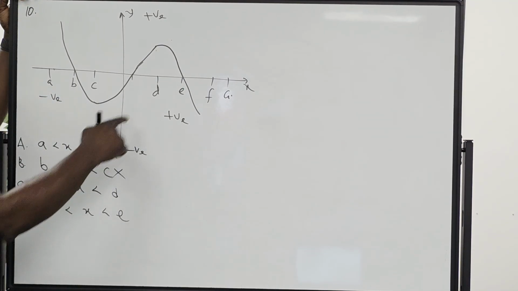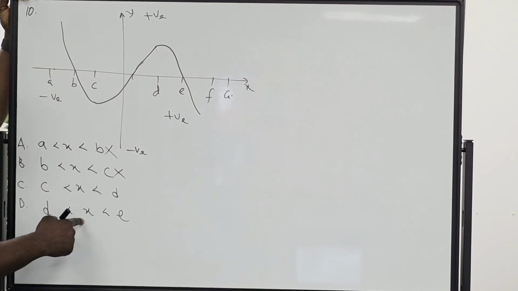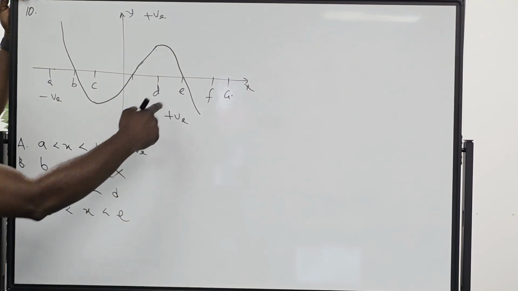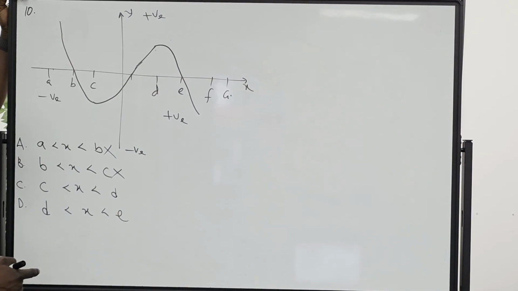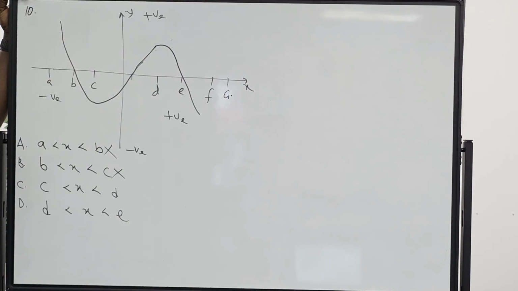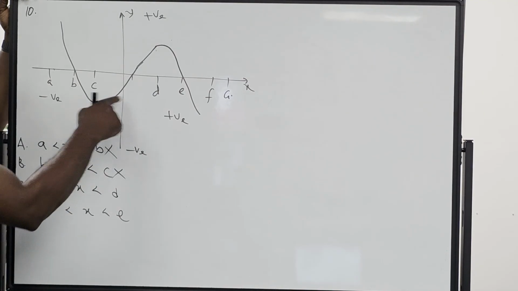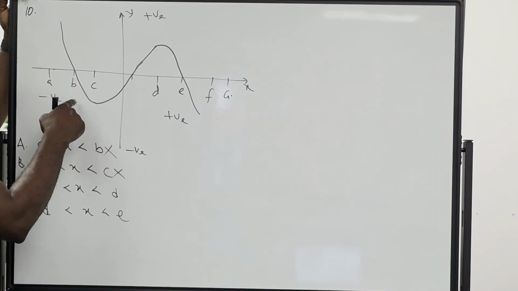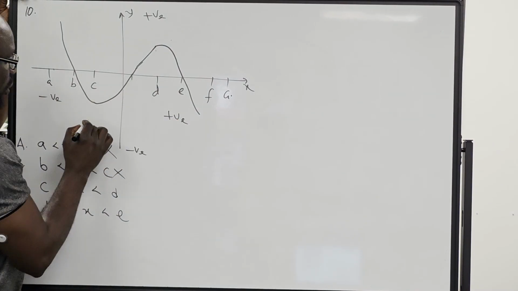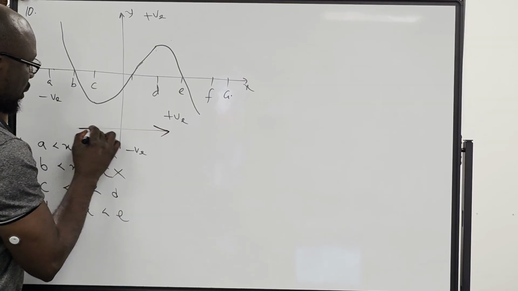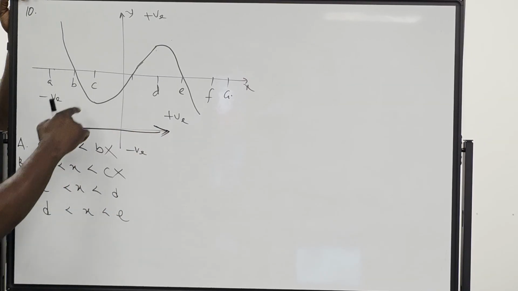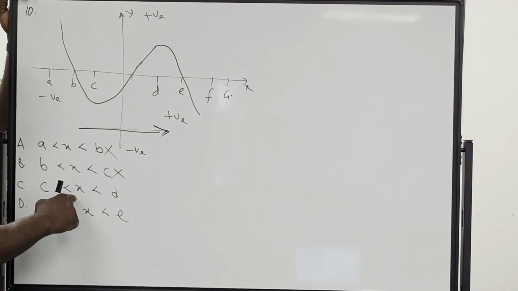Last one, D is less than X, and X is less than E. The only true option here is C is less than X, because you're going from left to right. C is left, and if you're going from left to right, you're going this way. It's increasing, right? So C is less than X, and X is less than D.